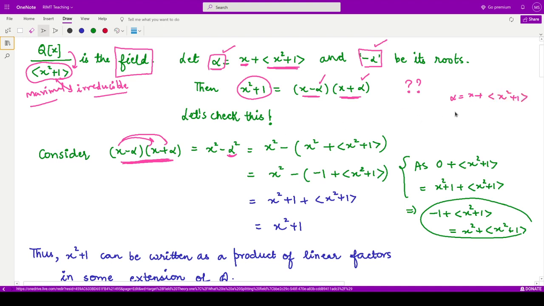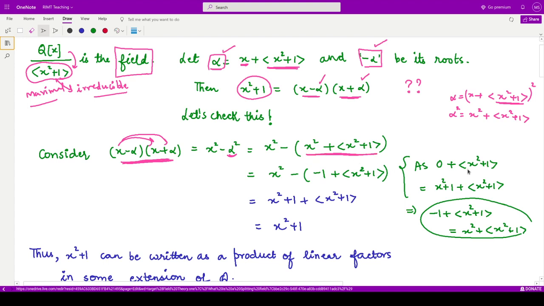So now what would be alpha square? Alpha square would be the square of this term, and we know how to perform the calculation in ideals and cosets. So it would be x square plus the ideal generated by this. So we have alpha square as this term over here.